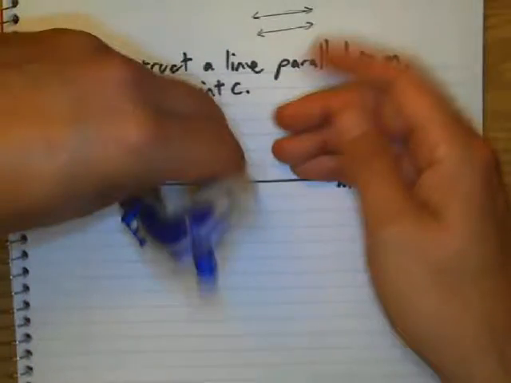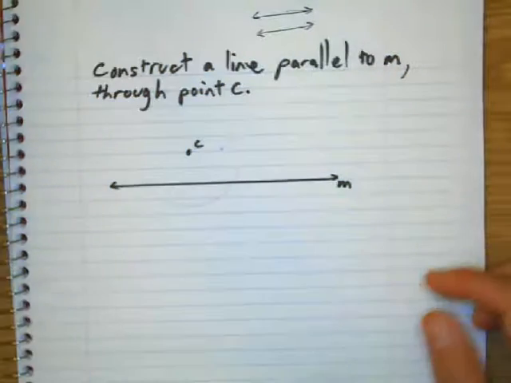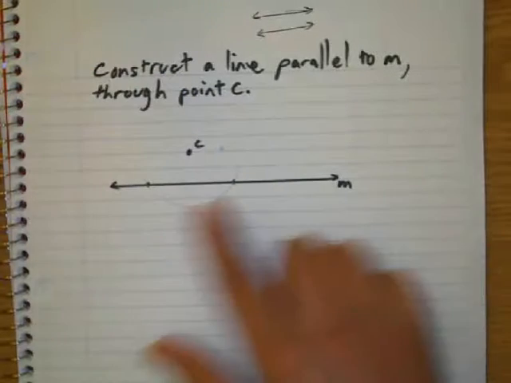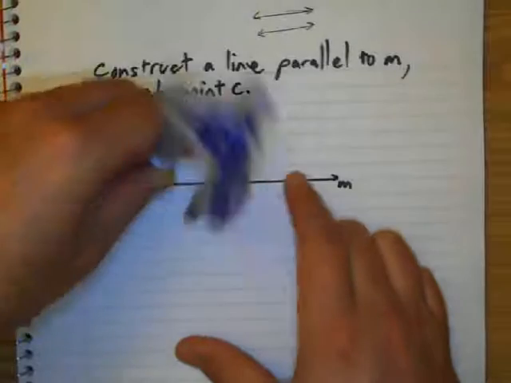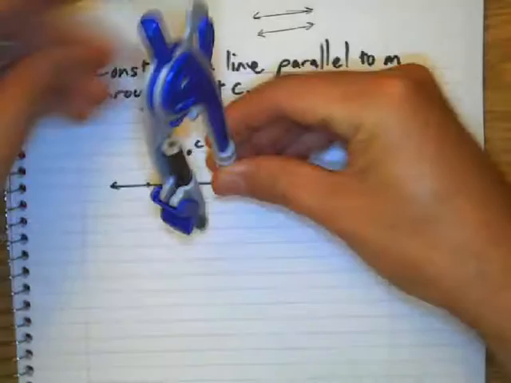Okay, we just did this a second ago, so I'm going to draw an arch. I've got these 2 points right here where the arch crosses line M, and then from there I'm going to make a perpendicular line, drawing my arches.